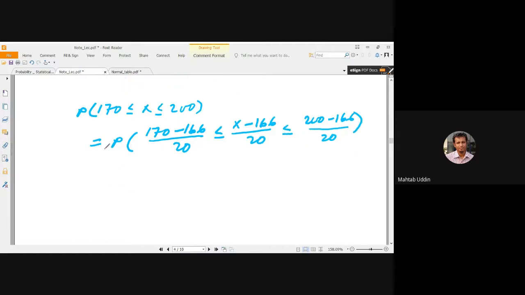Then we can write probability 0.5 less than or equal z less than or equal 2.0.